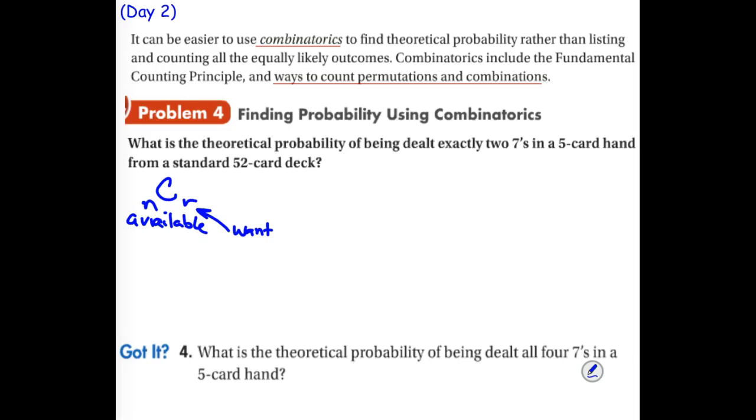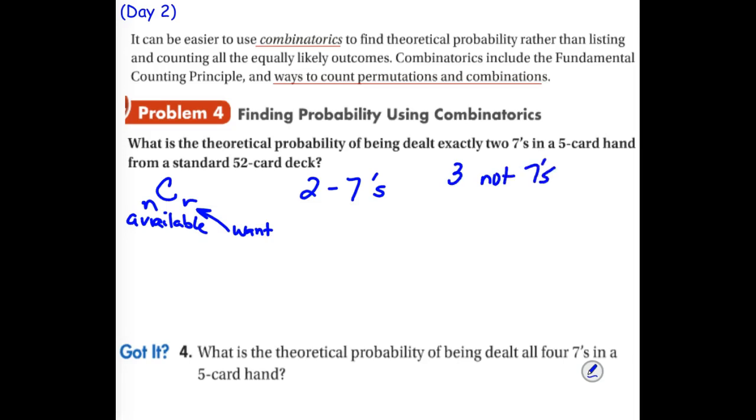Okay? So we are going to look at 2 situations here. We want how many sevens? We want 2. Okay? The other 3 cards in our hand can't be sevens, right? So we need 3 that are not sevens.